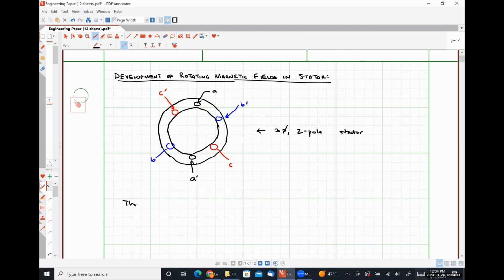Our three windings will each carry a sinusoidally varying current.